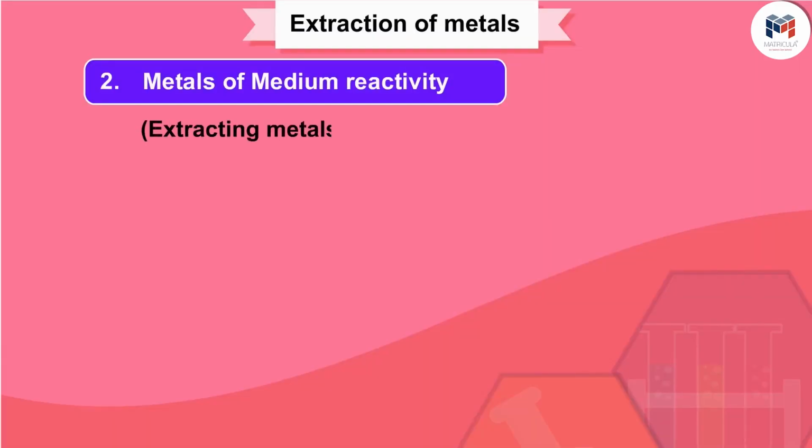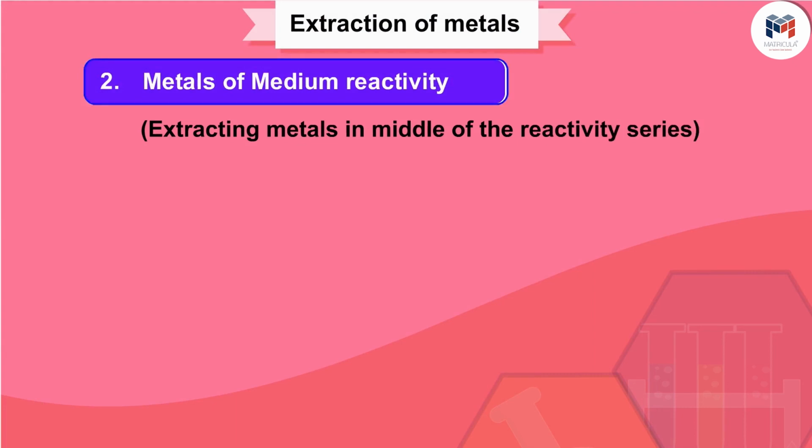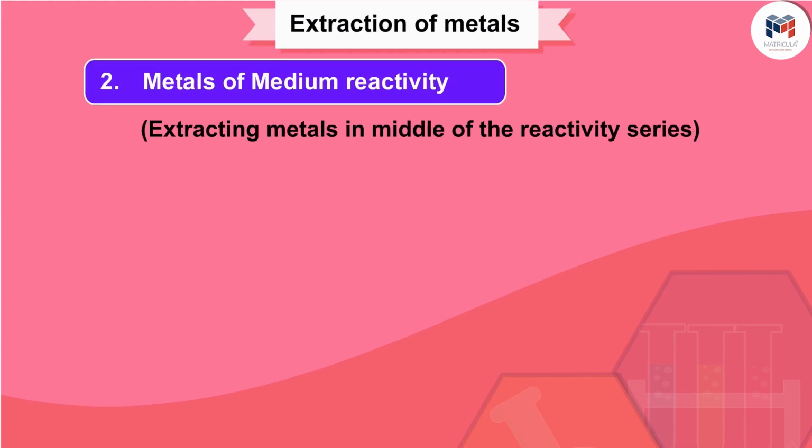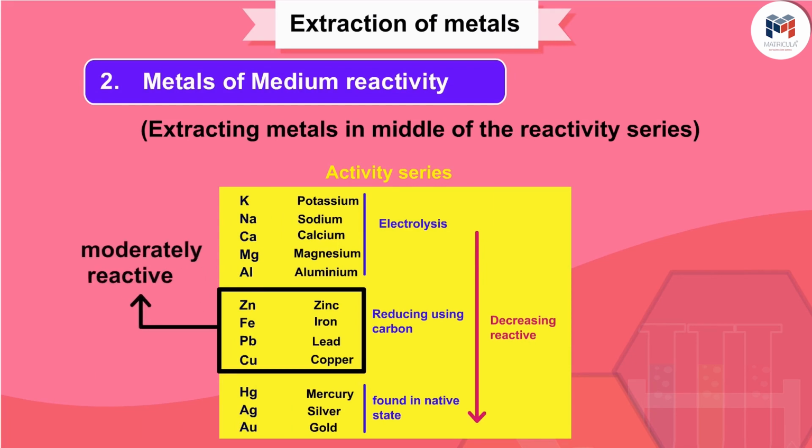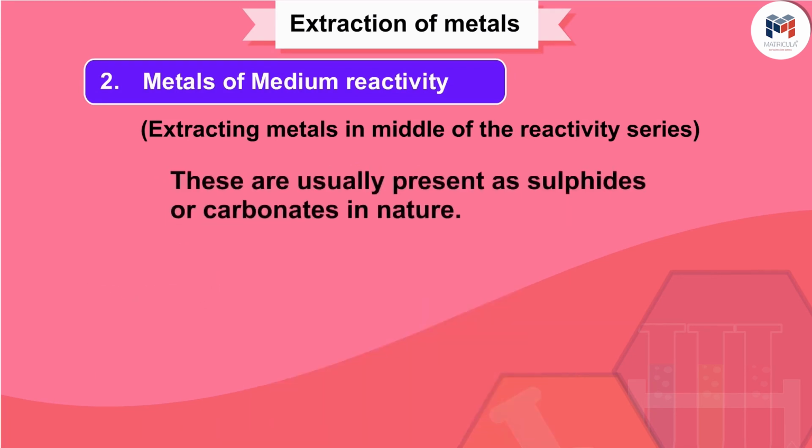Extracting metals in the middle of the reactivity series. Metals with medium reactivity. The metals in the middle of the activity series such as iron, zinc, lead, copper are moderately reactive. These are usually present as sulfides or carbonates in nature.